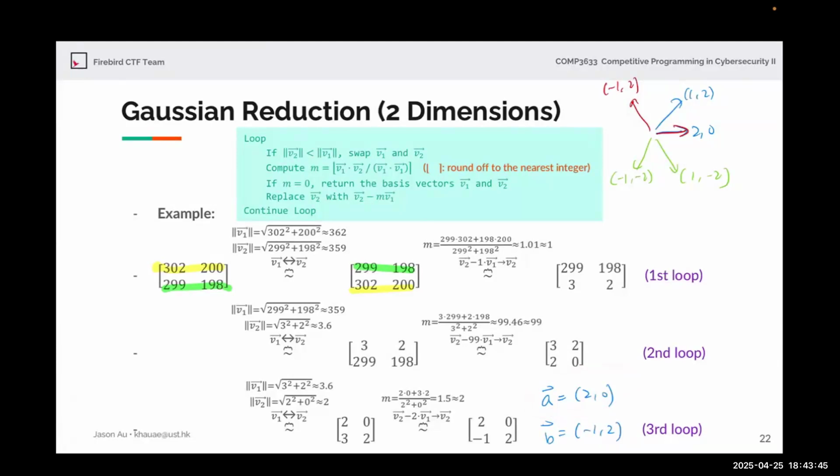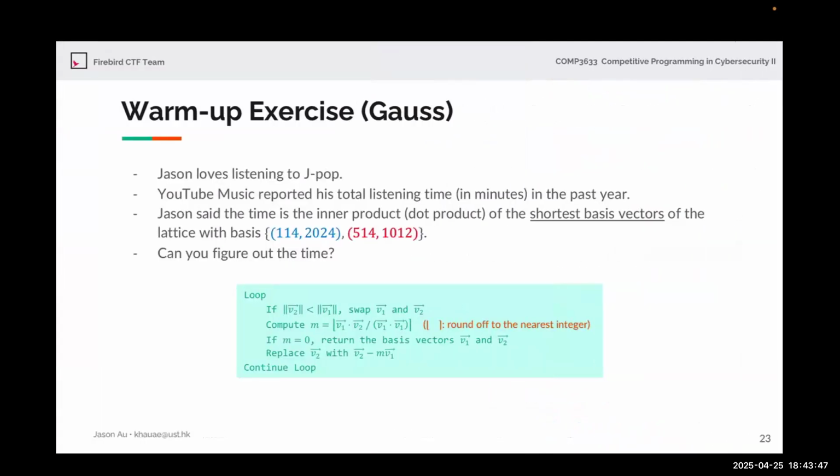Okay, so we will have some warm-up exercise. For example, if I love listening to J-pop music, and then YouTube Music is regularly reporting our total listening time, like in the past month or in the past year.